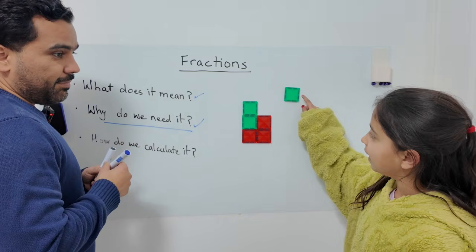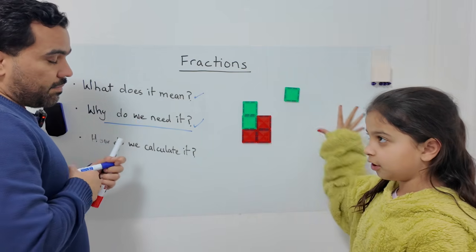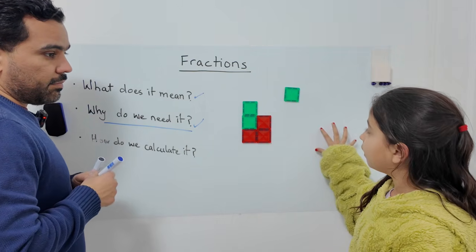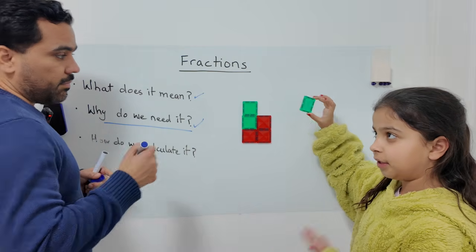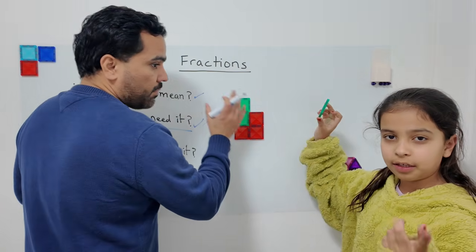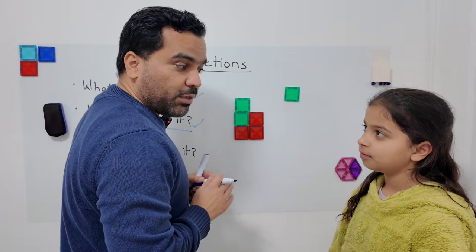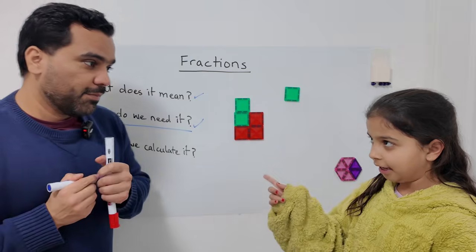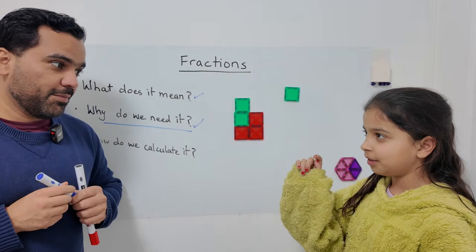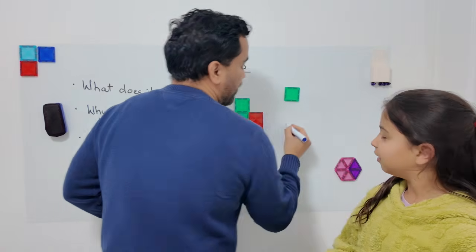You first find out how many equal parts there are. That's your denominator. And then the number of parts you have, in this example 1 part, is the numerator. But how do we know what is numerator and what is denominator? Numerator starts with N, and N is for north. Denominator starts with D, and D is for down. Nice way to remember.